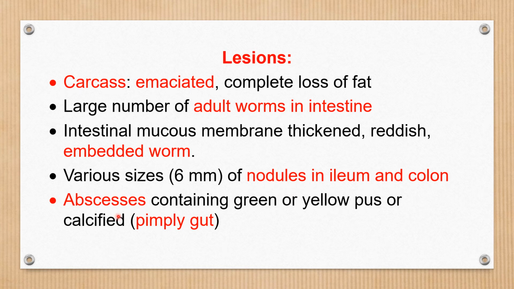Sometimes due to infection, there are abscesses that contain green or yellow pus, caseous or calcified material. Such pimples are found on the wall of the ileum and colon, so it is called pimply gut disease.